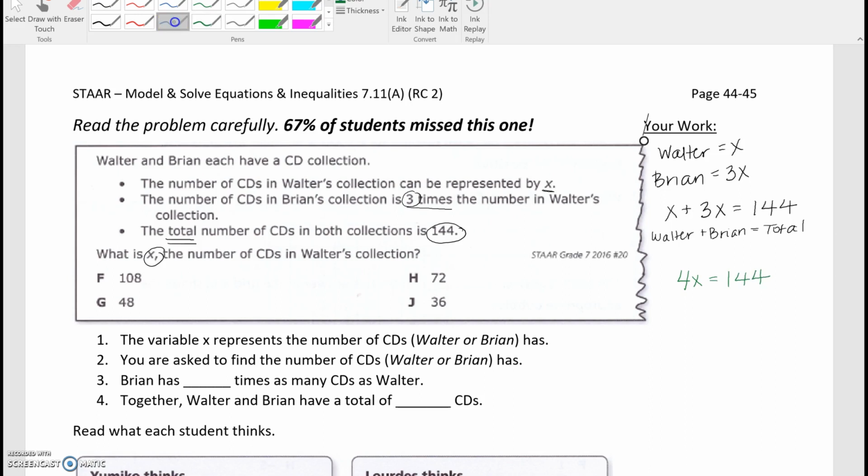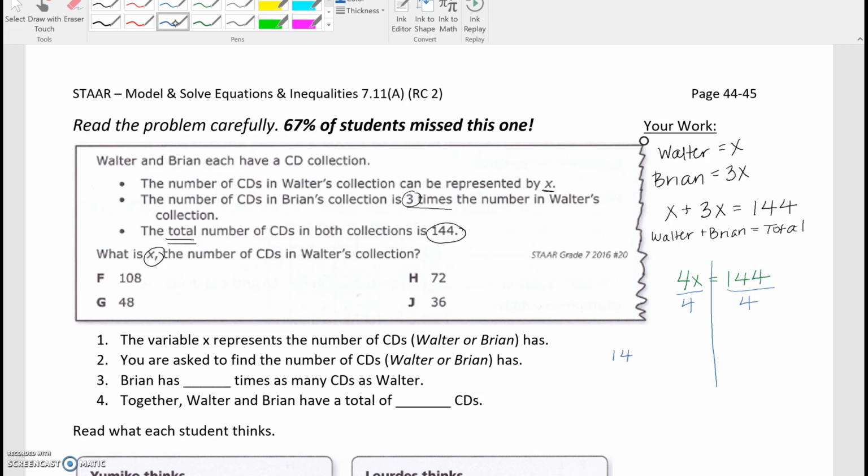Well, if we get to this point, you guys know how to solve equations, right? We draw a line down our equal sign and we do the opposite operation to undo it. So right now this is saying 4 times x, or 4 times a number, equals 144. So this is multiplication, so I'm going to do the opposite. The opposite of multiply is divide. So I'm going to divide both sides by 4.